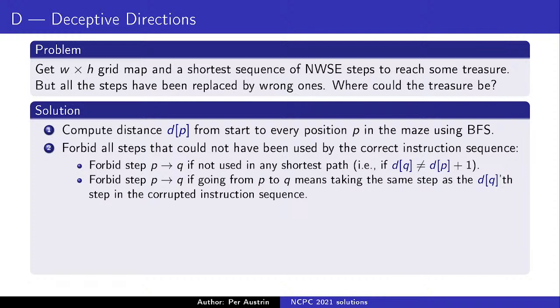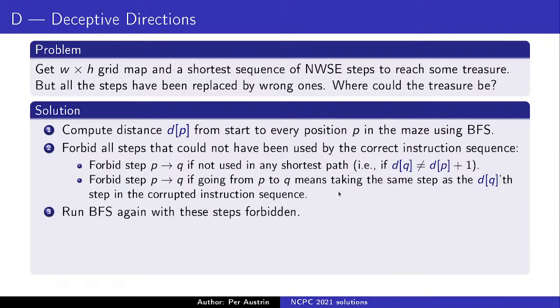So the step from the starting point to the cell just north of the starting point would be a forbidden step, because the distance of the cell just north of the starting point is 1, and the first step of the instruction sequence was north. So we forbid all steps like this.